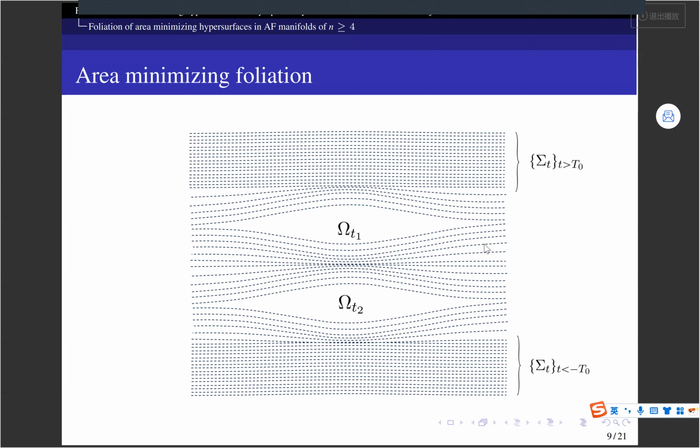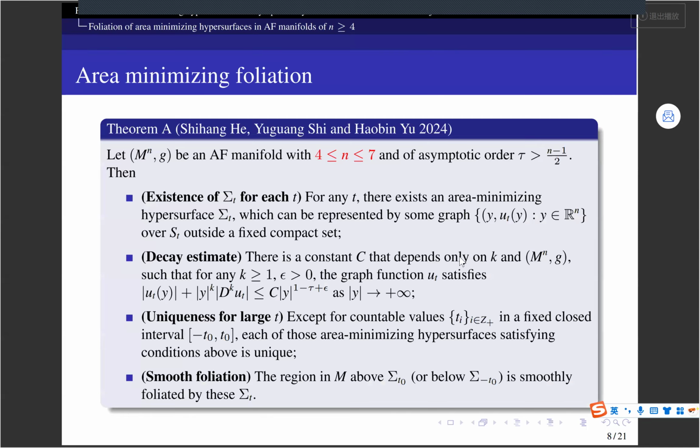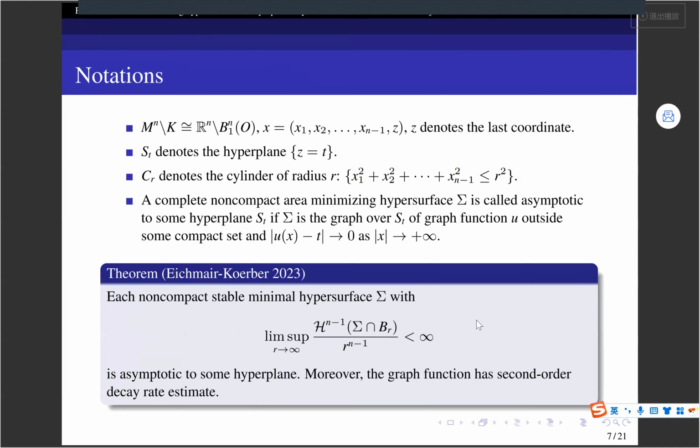Okay, so before you mention your main theorem, you talk about Edgemere and Kober's result. Did you use that, or did you remove something and improve it? Yeah, actually, their result is more general.